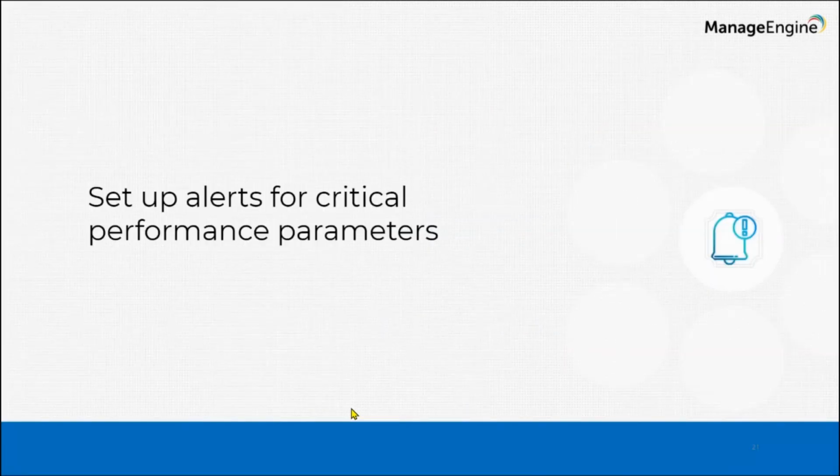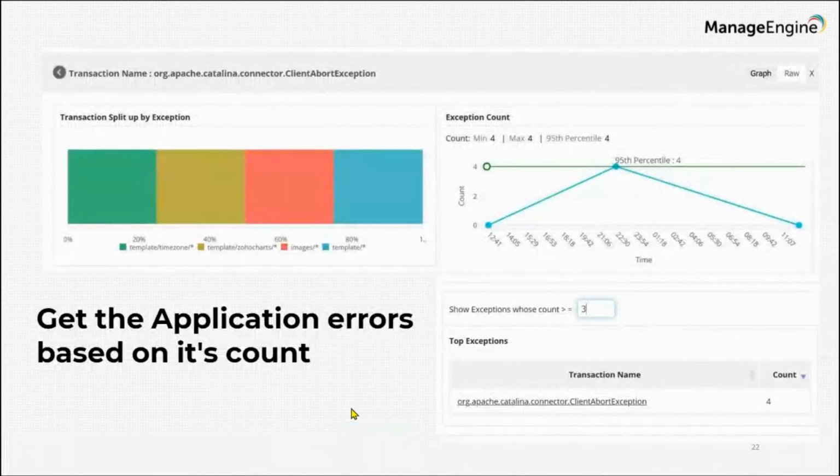Now let's see the final topic for today: setting up alerts for critical performance parameters. Why is there a need for alerts? Say the application is running out of memory, or the application hangs due to slow memory usage.